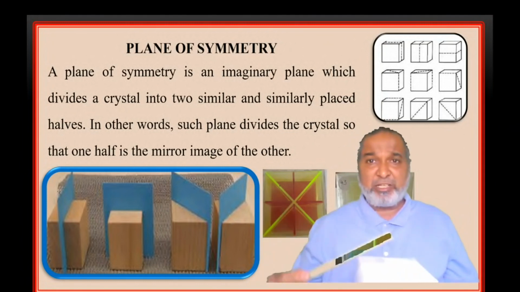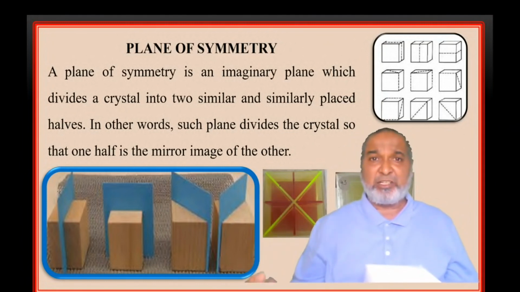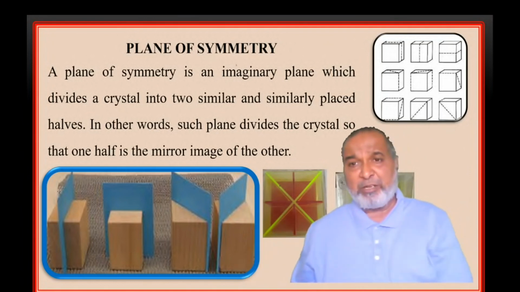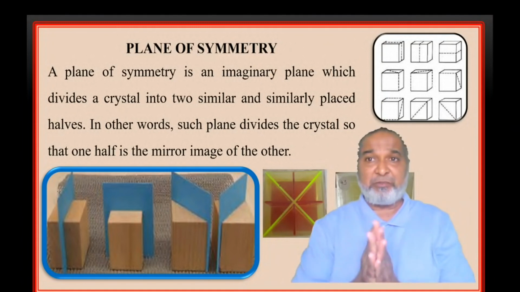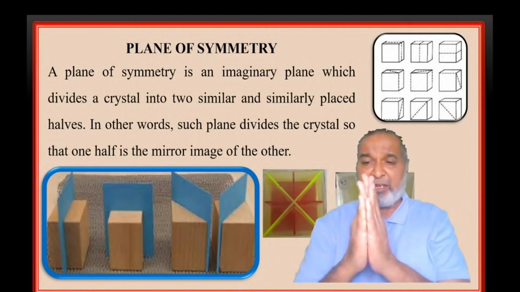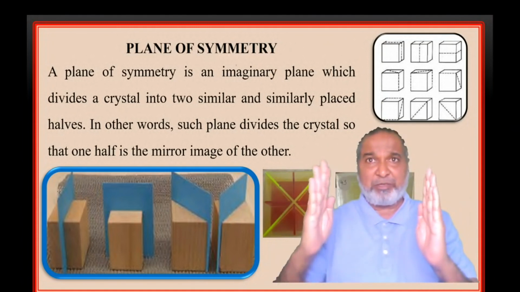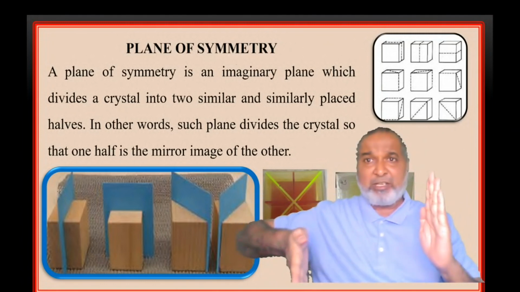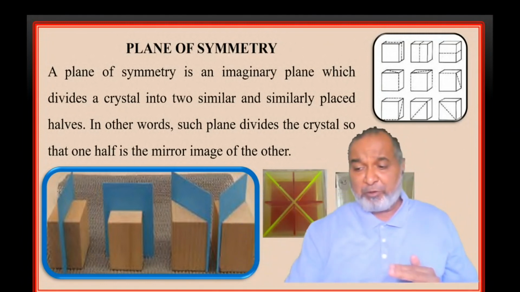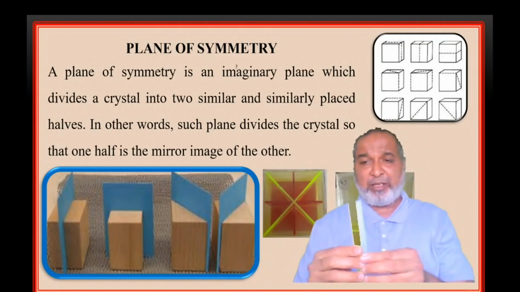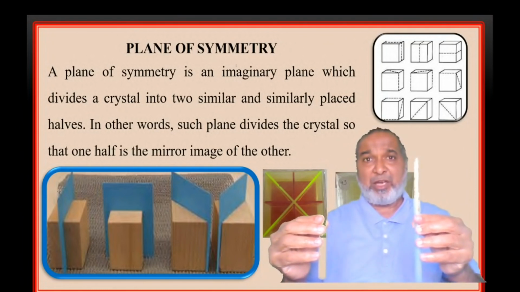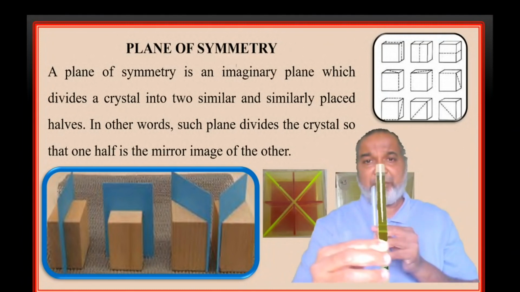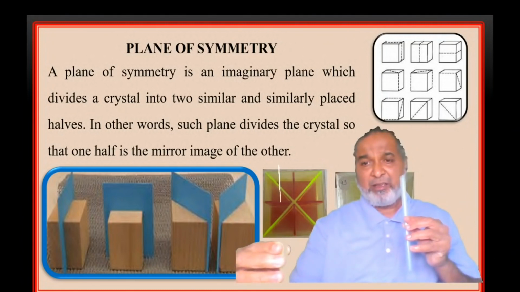So it is an imaginary plane which divides a crystal into two similarly placed halves, and these are mirror images. That is important. If I divide this one, both are mirror images. If one is on the reverse side, it is not a mirror image. Now both are mirror images, whether you cut from the front side or from the center.